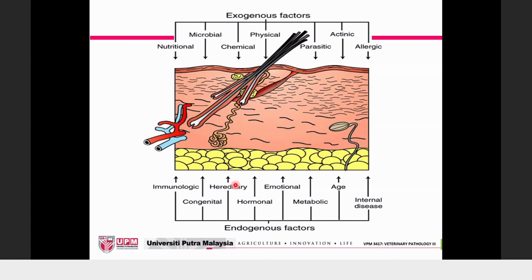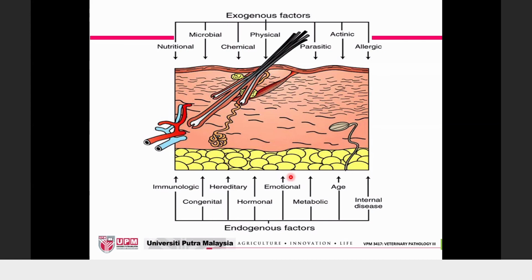And then hormonal, for example, like hyperthyroidism or Cushing disease, right? Emotional, yes, emotional. When you're stressed, you tend to secrete more sebum. Sebum sometimes can be good, but if it's excessively secreted, you end up with acne, right?